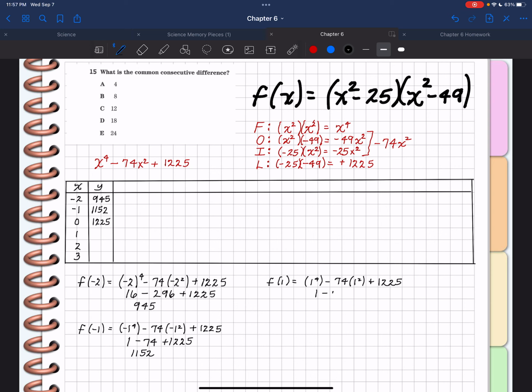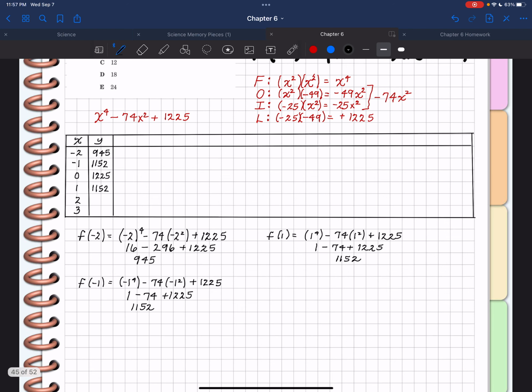So 1 minus 74 plus 1225 is the same thing we just got, 1152. All right, then positive 2.